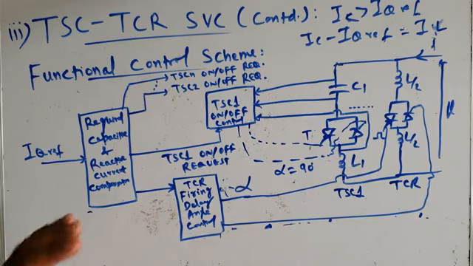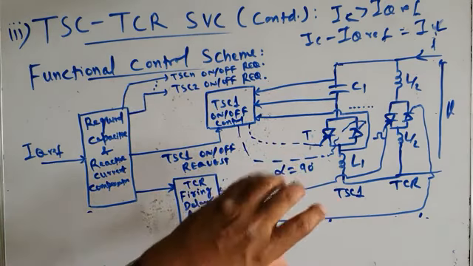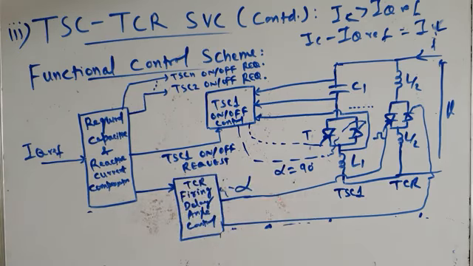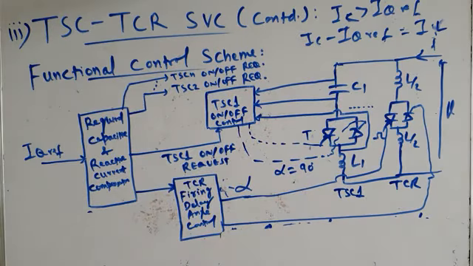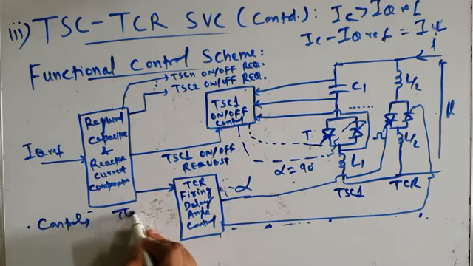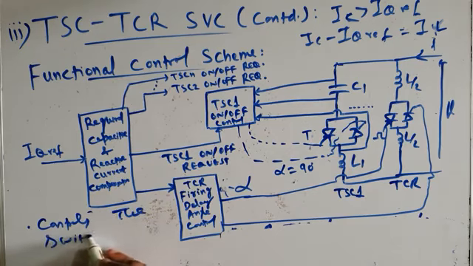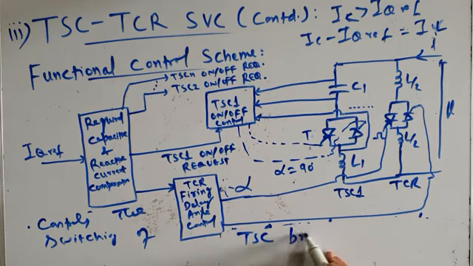I have delivered a separate lecture on TSC, thyristor switched capacitor, in which I have tried to explain in detail how transient free switching of a thyristor switched capacitor results. So the second function of this control scheme is that it controls the switching of TSC branch, thyristor switched capacitor branch, in a transient free manner.